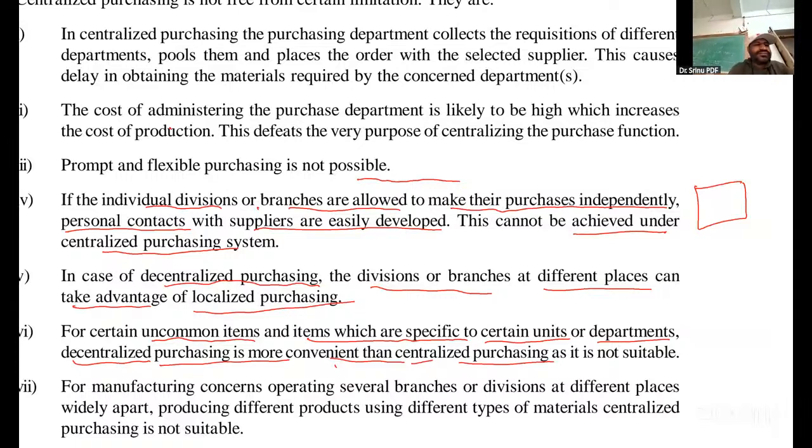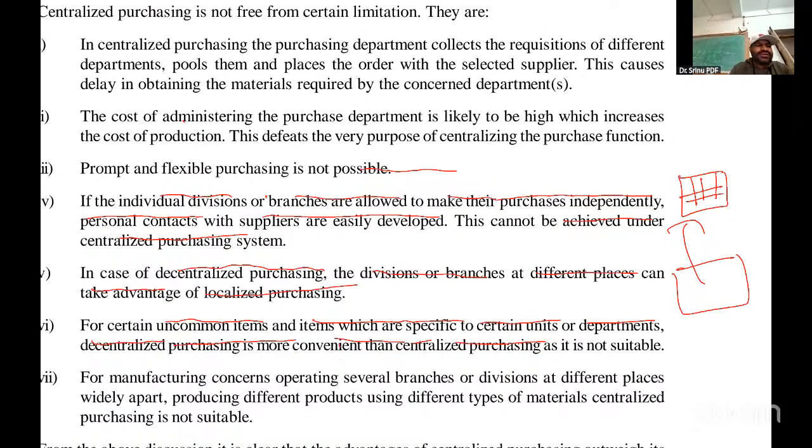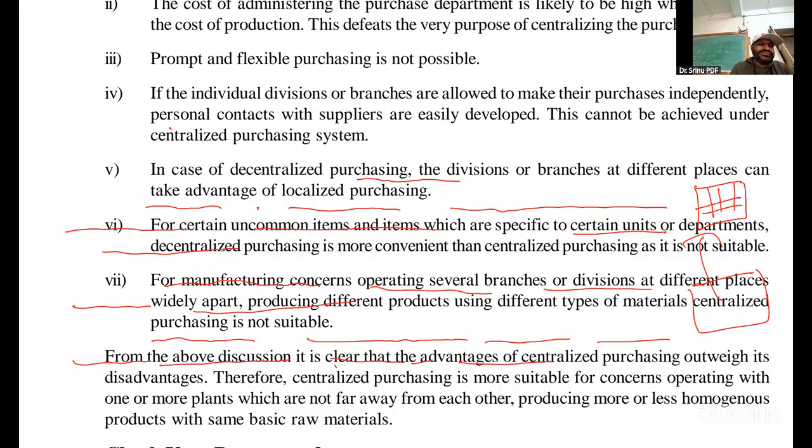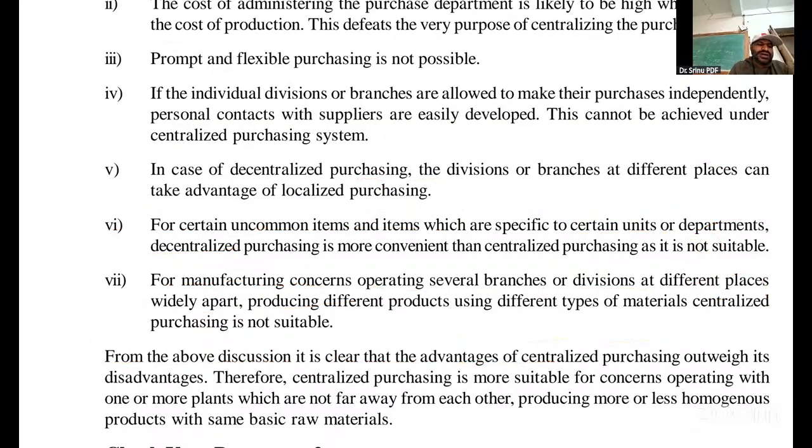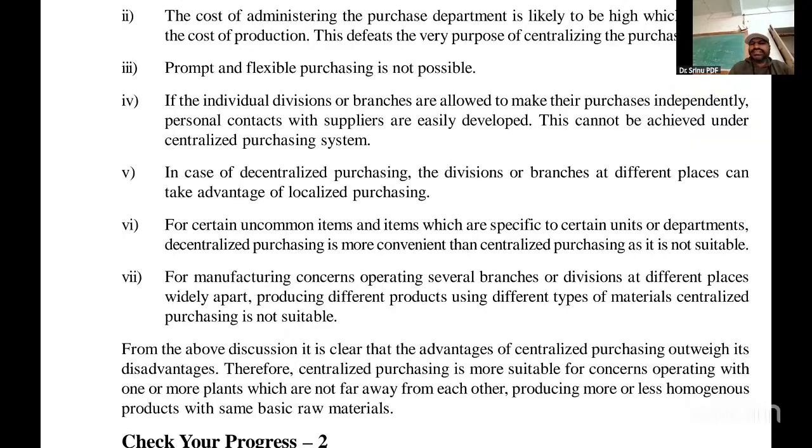In the case of centralized purchasing, other departments will not concentrate more on what they require, so they will not get whatever they require. So this is the difference, and this is the disadvantage of centralized purchase.